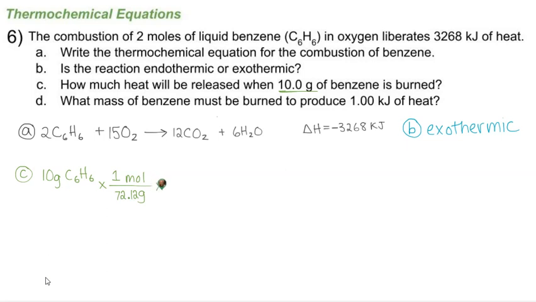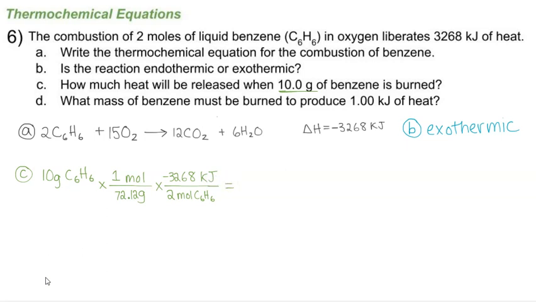And now we need to convert from moles of benzene, C6H6, into kilojoules. And so we know that our enthalpy value is stoichiometrically equivalent to all of the amounts in our equation. So for every 2 moles of benzene, we get negative 3268 kilojoules of heat.